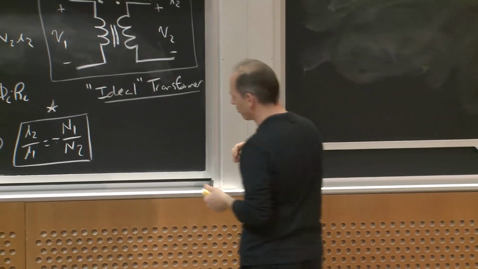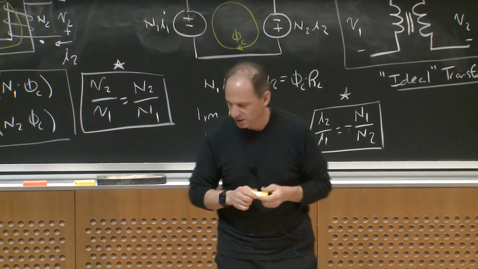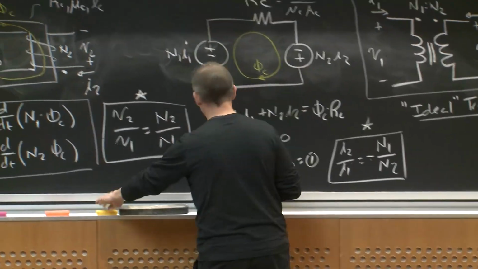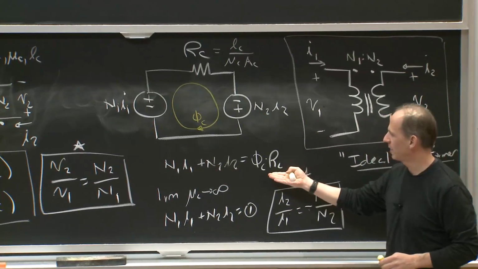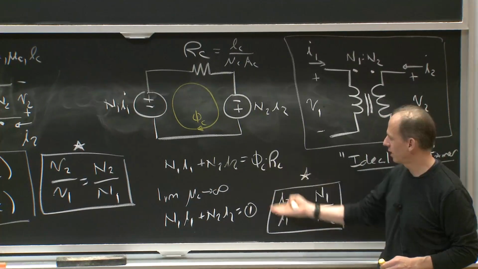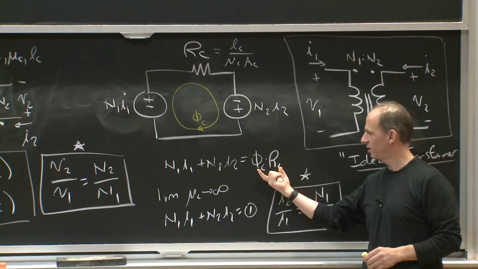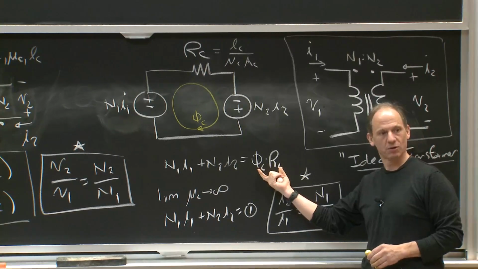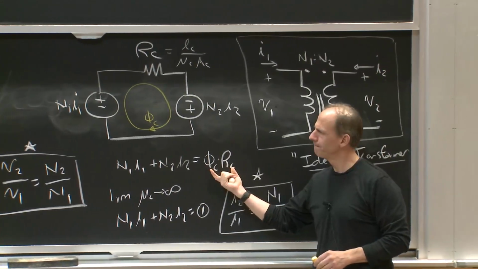Well, where would I get the first one? The first principal parasitic kind of comes from this equation here, okay? What did I do to make this assumption? What did I do to get to this current relation? I assumed that phi c times the reluctance of the core was 0, right? Or the core reluctance was 0, okay?